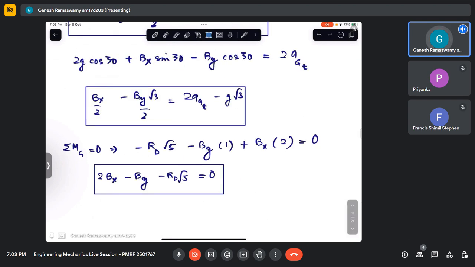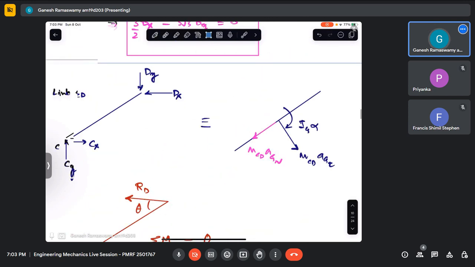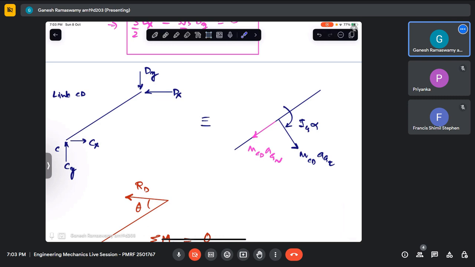In this very question, we saw that we have a link which is not acted upon by a force. So at best, it can only support an axial force.